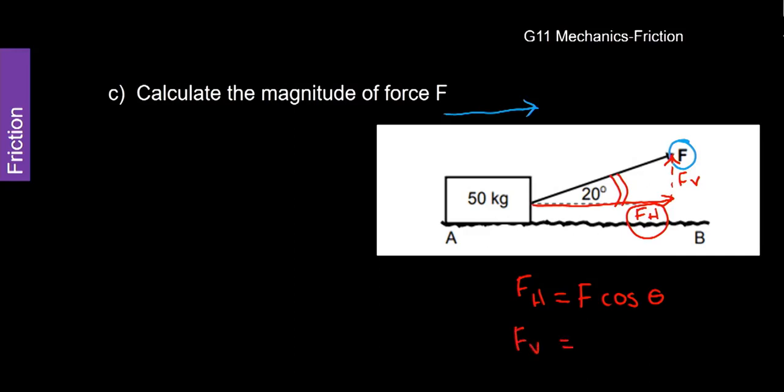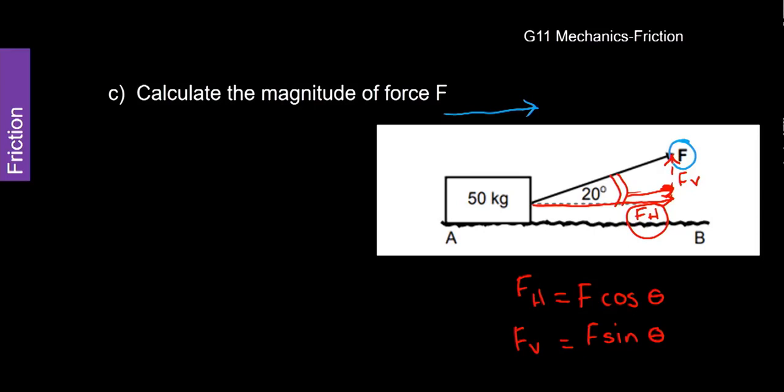Well, the vertical component is opposite the 20 degrees. It's the opposite side. And so the vertical component is going to be F sine theta, which is 20 degrees. Okay. We are sitting with a lot of unknowns here. So we're going to have to look at something different to try and help us to calculate force.